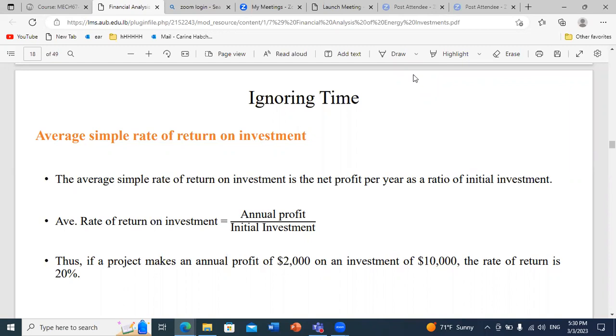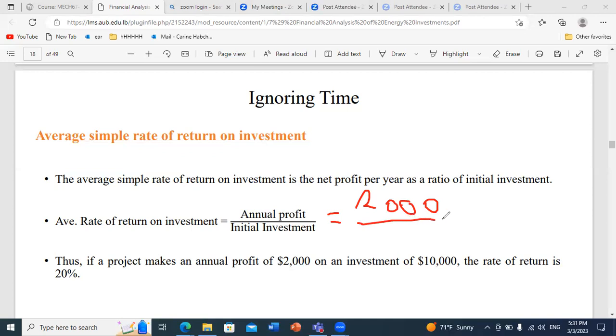For example, if a project makes an annual profit of $2,000 while the investment is $10,000, then for each year the rate of return will be 20%, because if we apply this formula, we just have to divide the annual profit, which is 2,000, by the amount of investment, which is equal to 10,000.